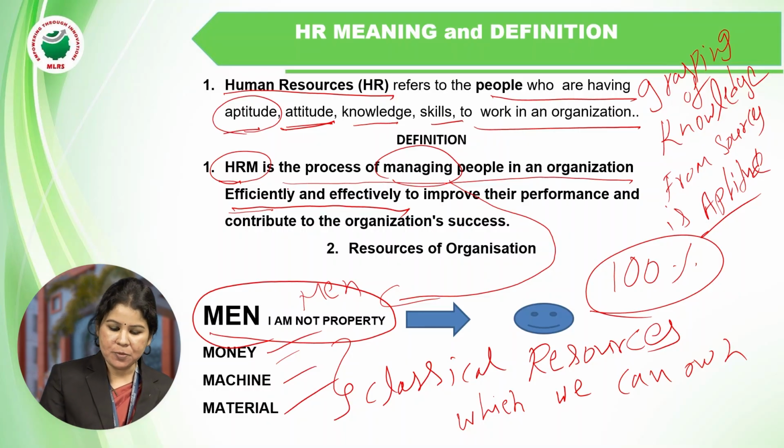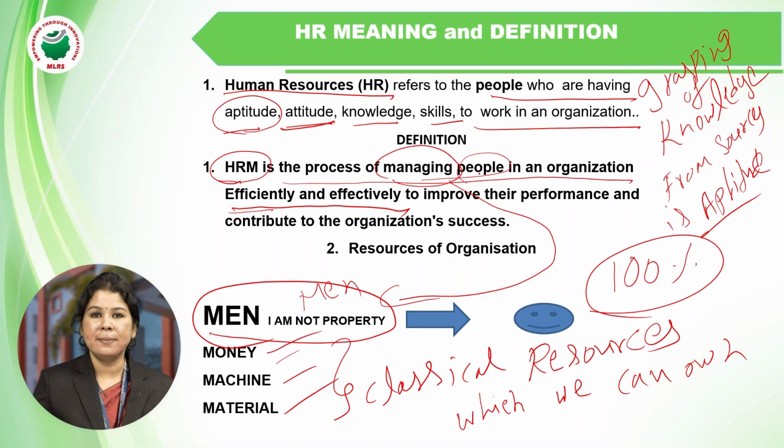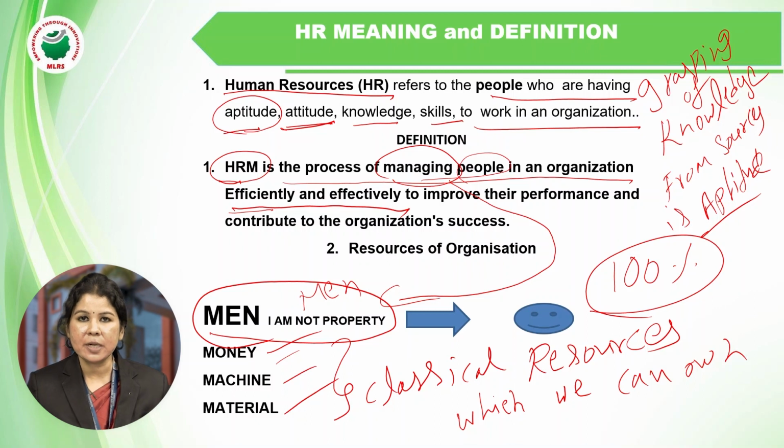Here HRM is a process of managing people efficiently and effectively. You have to get 100% productivity from the employees, and for that you have to manage them efficiently and effectively.